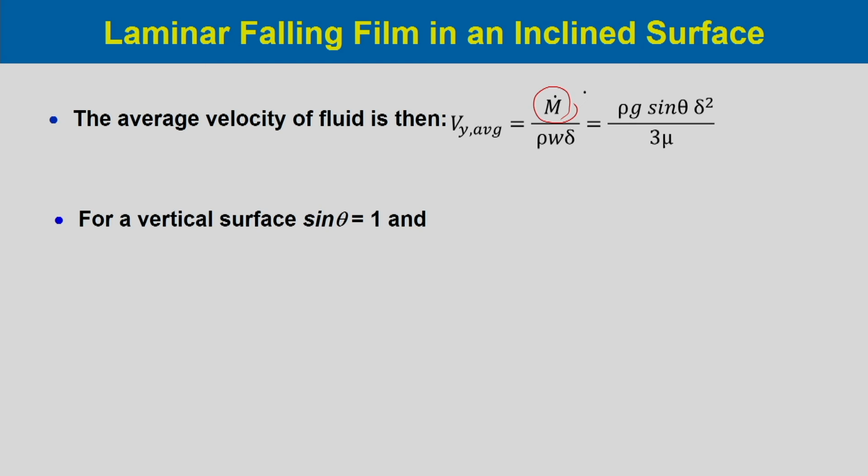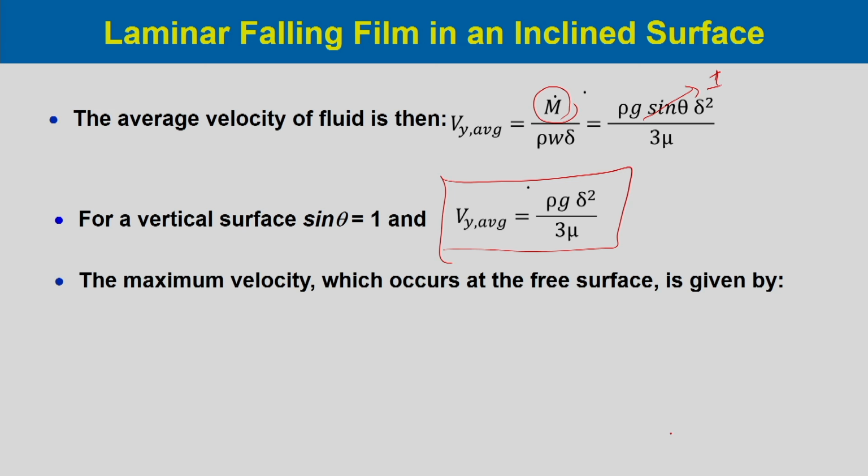For a vertical surface, where sin theta is 1, this equation reduces to rho g delta squared by 3 mu, which we have derived in the case of the vertical surface.